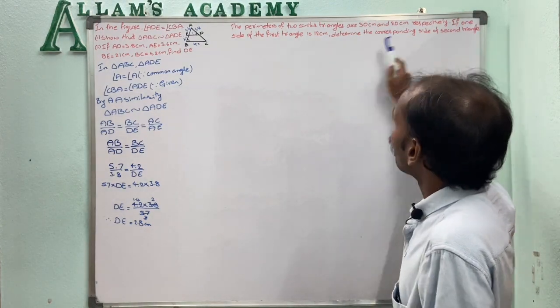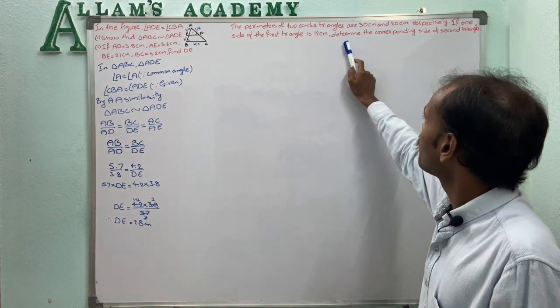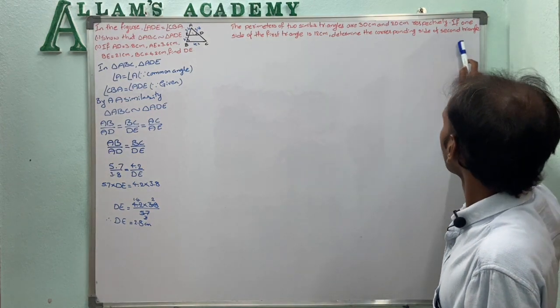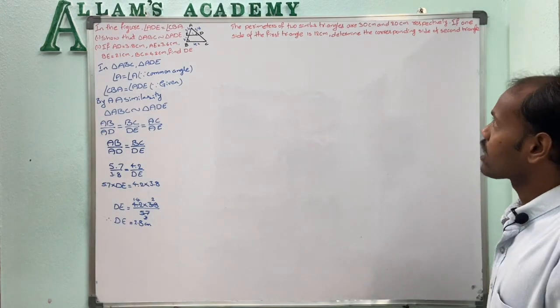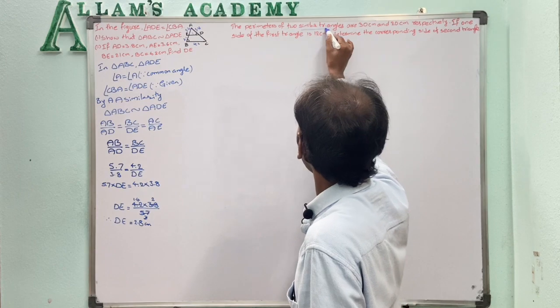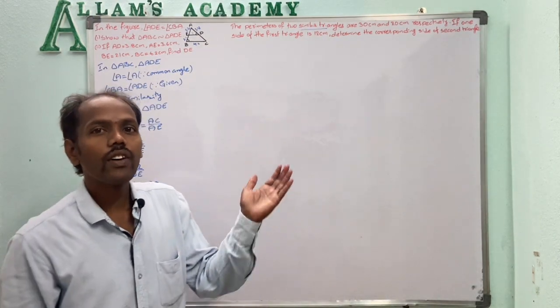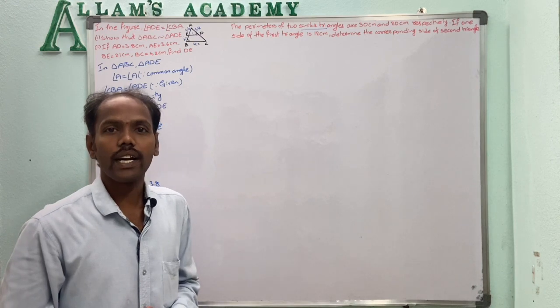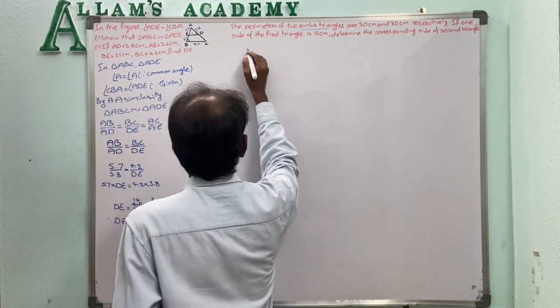Here is the next problem: the perimeters of two similar triangles are 30 centimeters and 20 centimeters respectively. If one side of the first triangle is 12 centimeters, determine the corresponding side of the second triangle. That is what we are asked. So here, for similar triangles, the ratio of perimeters is also equal to their corresponding sides ratio. That is the information, right?